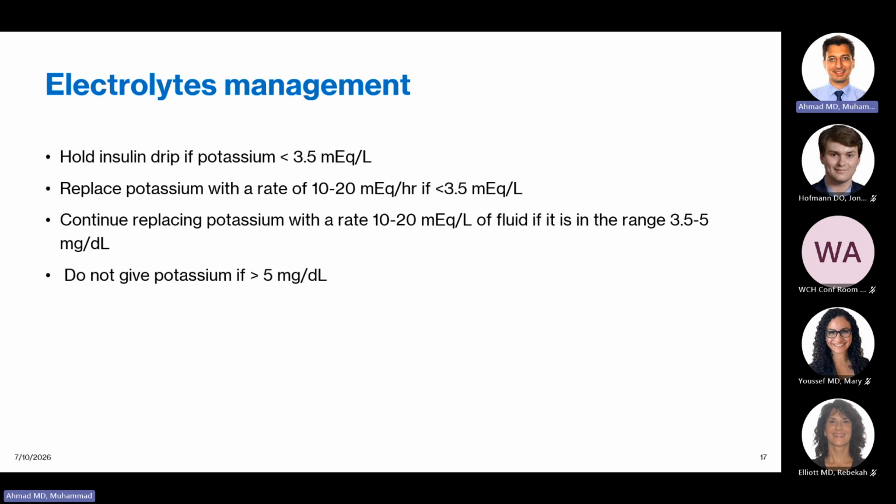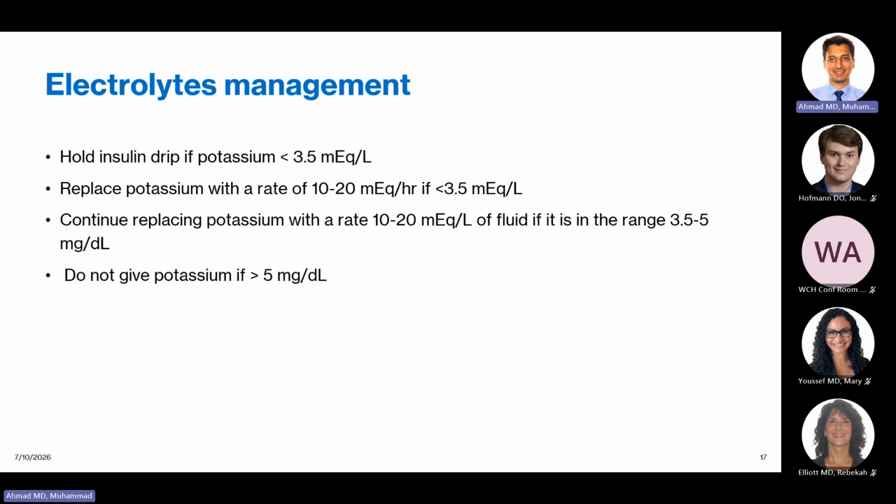That's per liter for the range 3.5 to 5. But if it is less than 3.5, it's per hour, because most of the time the fluid is running at 250 ml per hour, which is the rate we usually see. So we are giving about 4 times more potassium if the potassium is less than 3.5. And we don't give potassium if it is greater than 5.